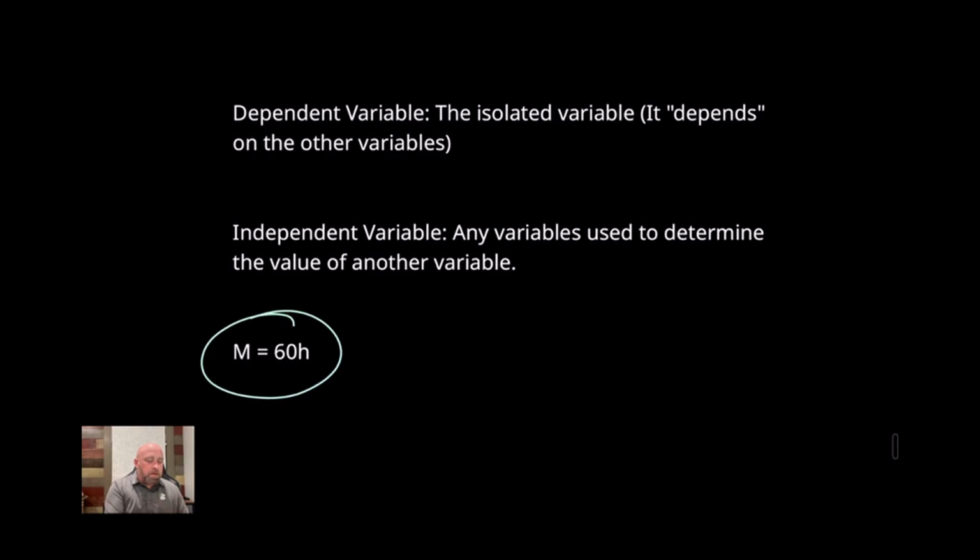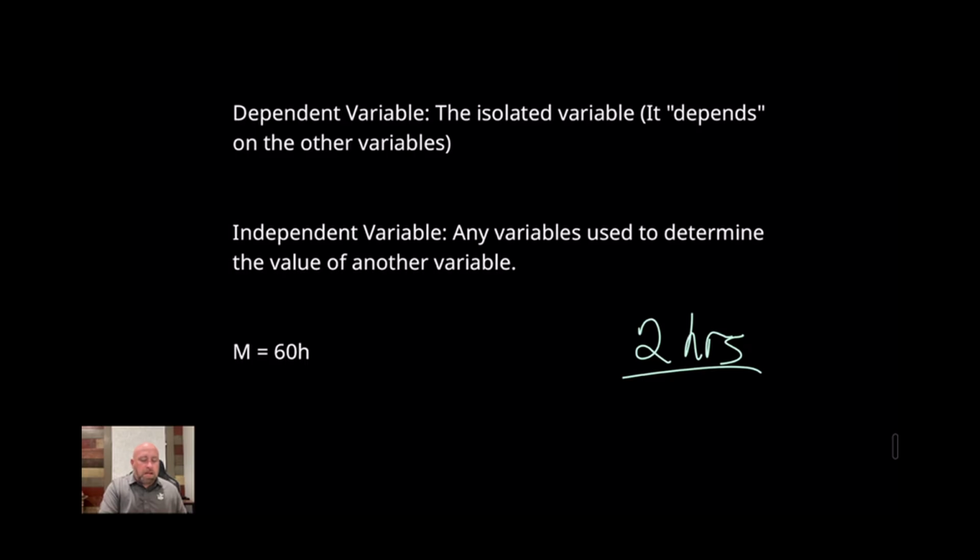So here's one right here. M equals 60H. This is a formula for converting hours into minutes. In this case, the M is the dependent variable. The M depends on how many hours, right? So if I ask, how many minutes are there in 2 hours?